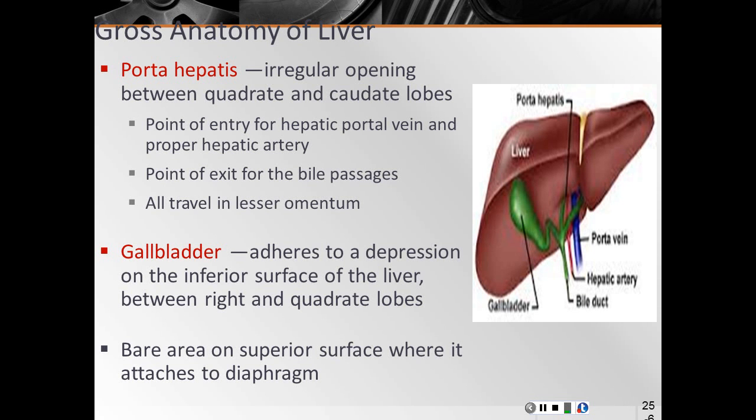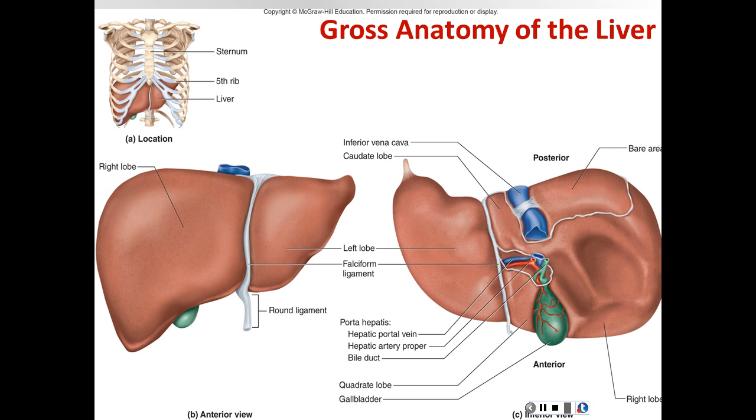Posteriorly, the liver exhibits a deep groove called a sulcus that accommodates the inferior vena cava. Now the superior surface has a bare area where it attaches to the diaphragm. And the serosa covers the rest of the liver.